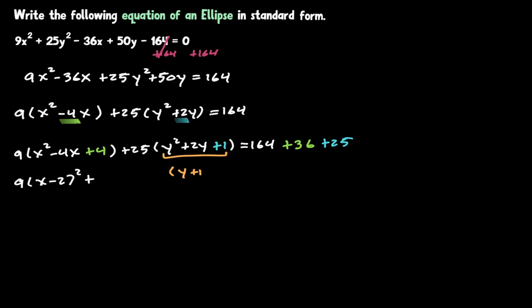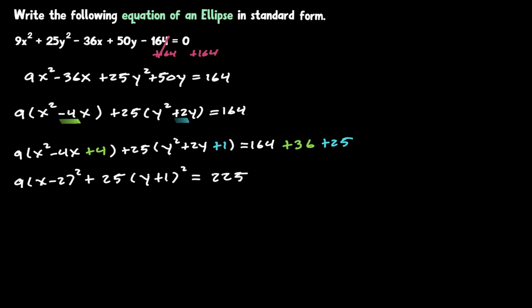We can factor it as y plus 1 times y plus 1, which is (y plus 1) raised to the second. So let's rewrite it as that. And we wanted this. We wanted to complete the square. In the right-hand side, when I add all of those terms, that's equivalent to 225. So let's rewrite it.